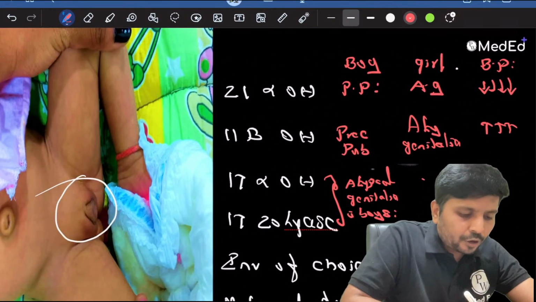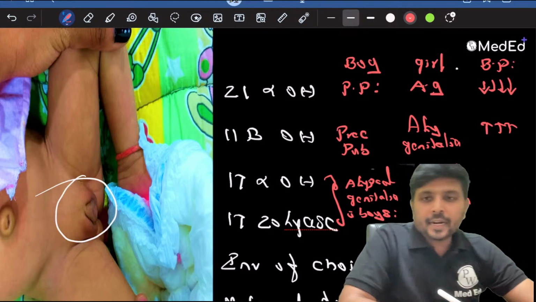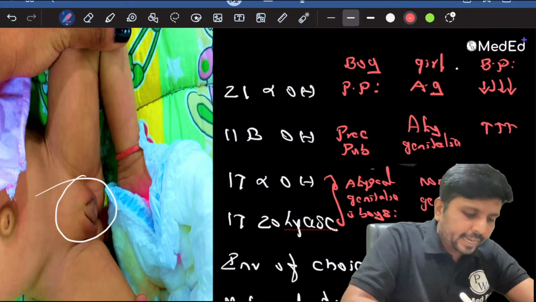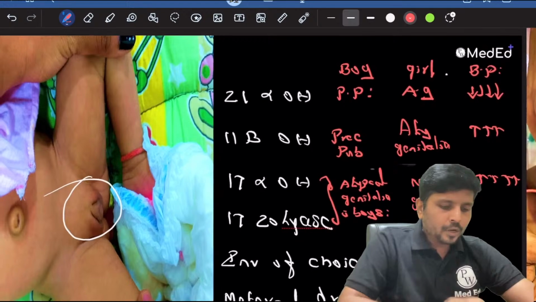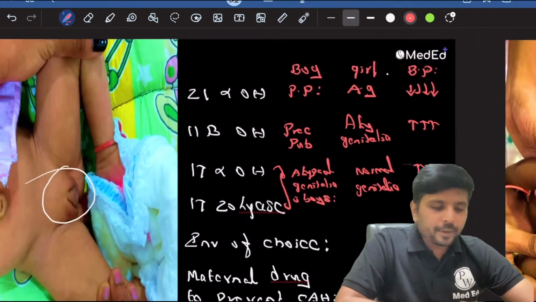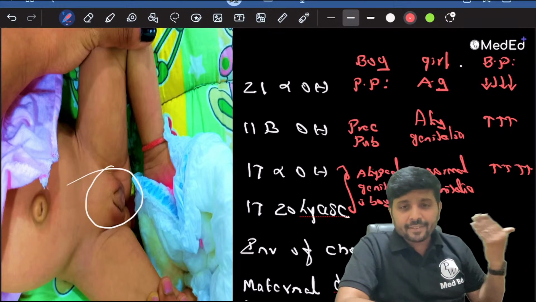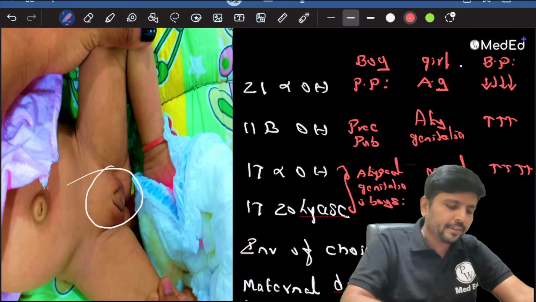Girls will have normal genitalia. And the BP will often be high. This is with respect to 17 alpha hydroxylase and 17-20 lyase.